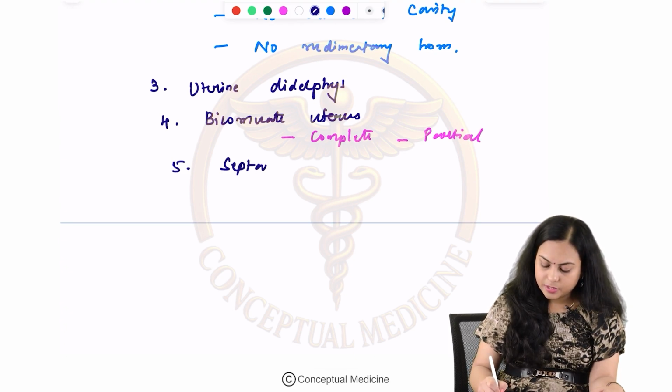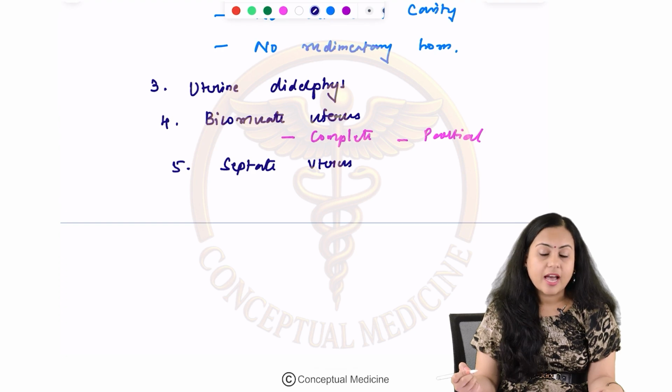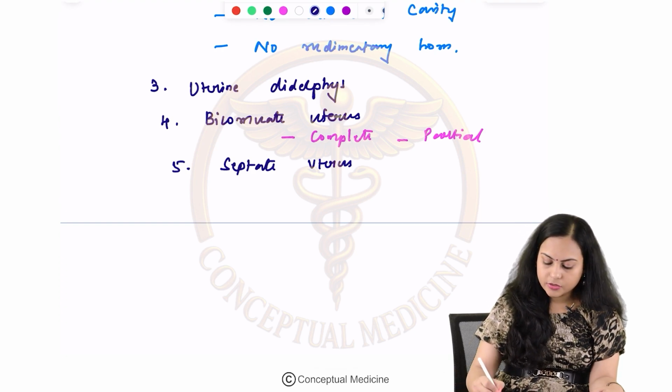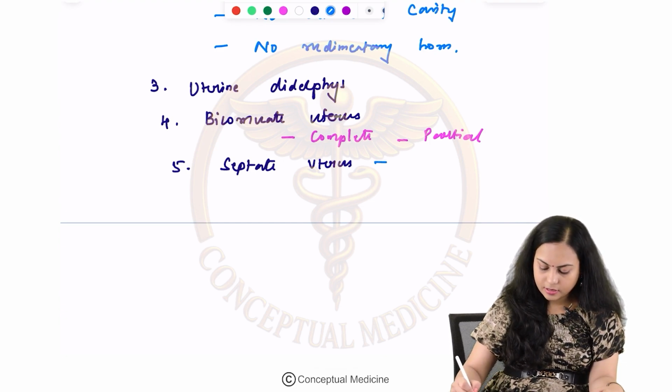And then we have the septate uterus. The septum that is formed after the unification of the uterus does not resolve. This can again be complete or partial.